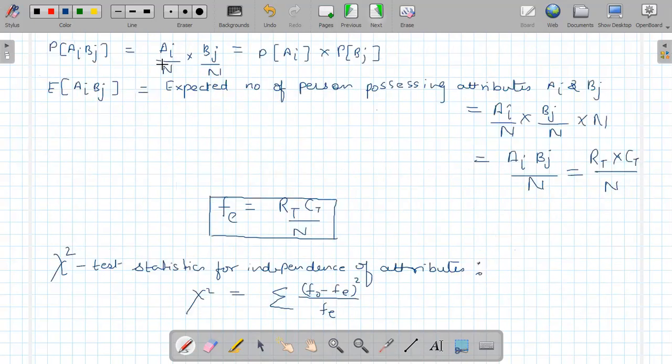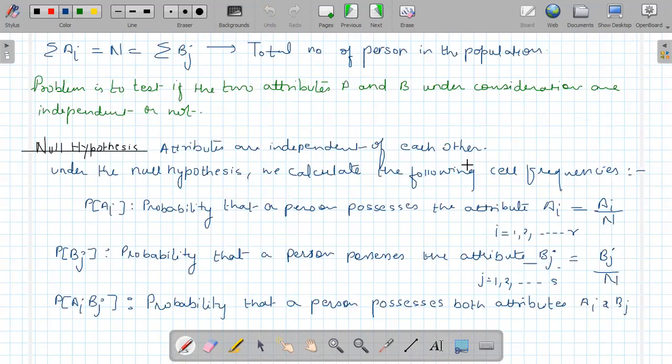This is equal to probability of AI into probability of Bj, because these two attributes are independent of each other, which we have assumed in this null hypothesis.